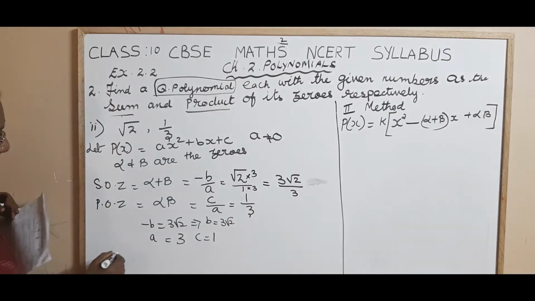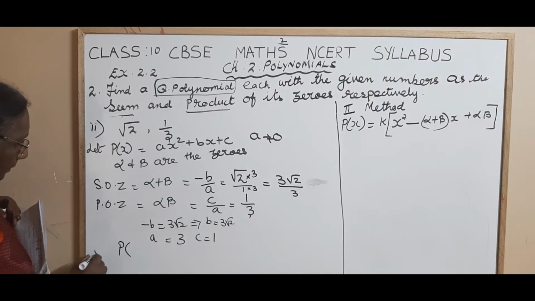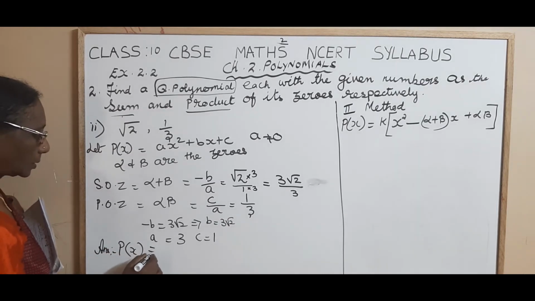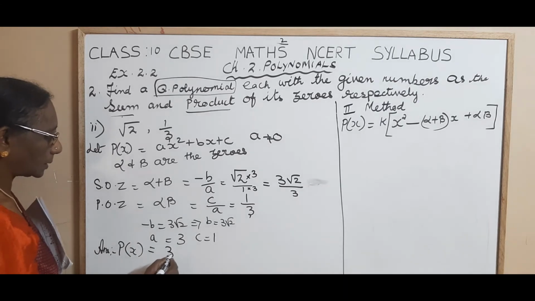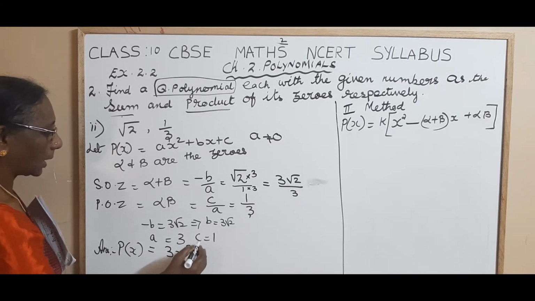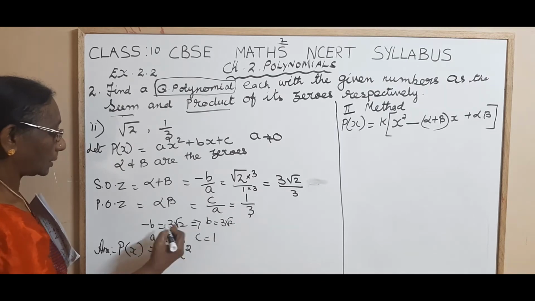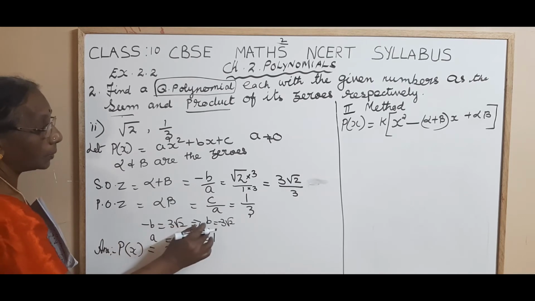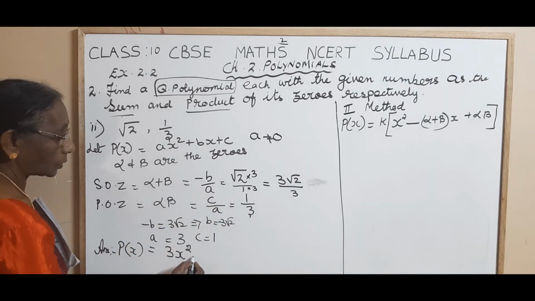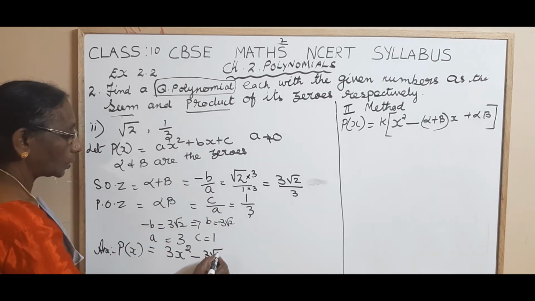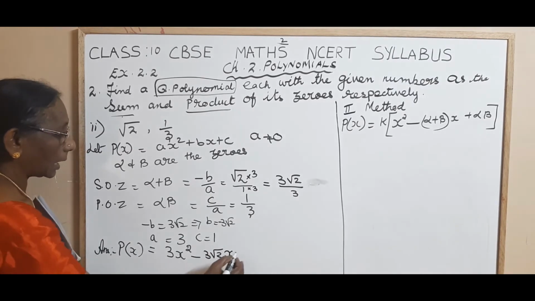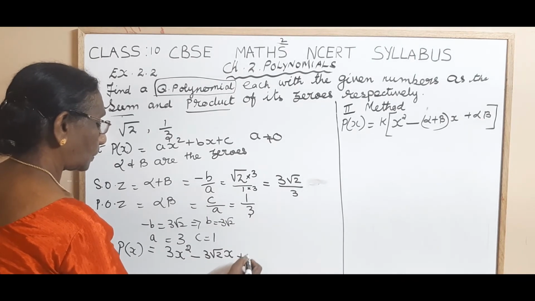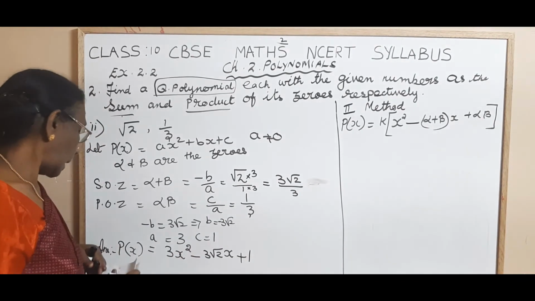So now P of x: the answer is ax squared, that is 3x squared, and bx. If minus b is 3 root 2, b is equal to minus 3 root 2. So minus 3 root 2 x, and c is equal to 1, so plus 1. This is the answer.